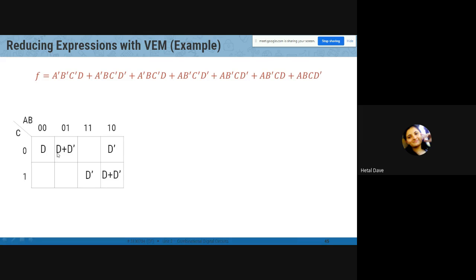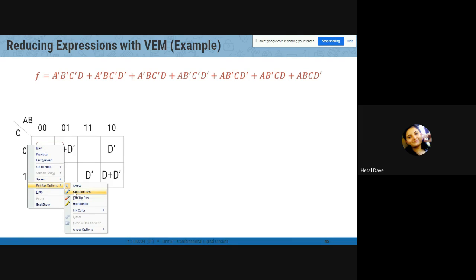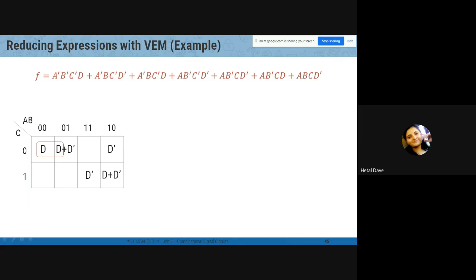I already explained this D can help to make a group for its own D, as well as its adjacent D. So this is the first group. Now you need to make the equation. How will the equation be made? You need to check each and every variable value. A, B, C are called variables. So for this first cell, the A value is 0.